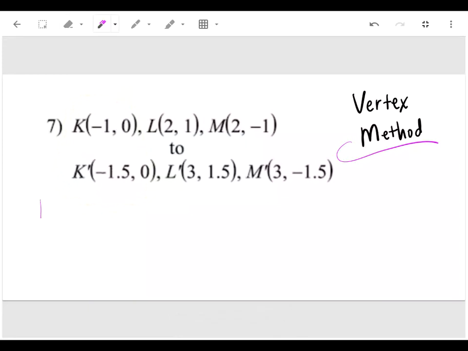I'm going to start with K, knowing that K, of course, was (-1, 0), and it was dilated to K prime, which is (-1.5, 0). So the question becomes, if this was our original x and y, and this is our new x and y, what did I multiply these numbers over here by to get these numbers?